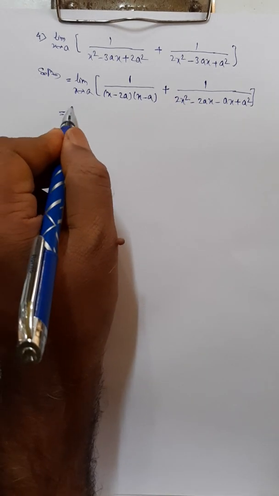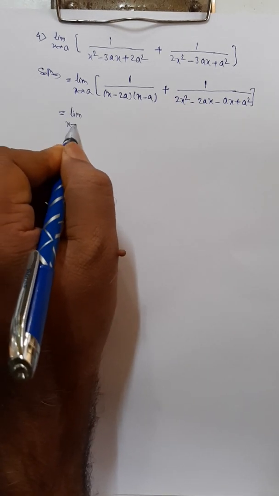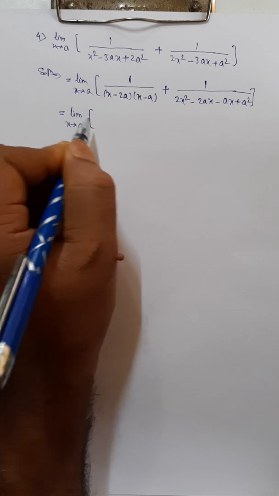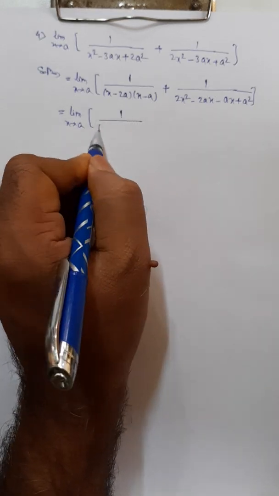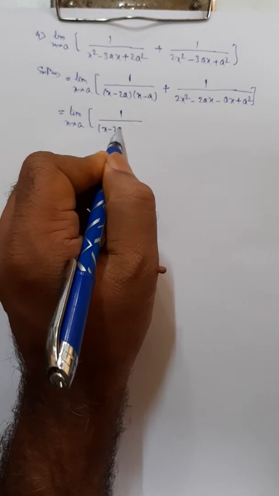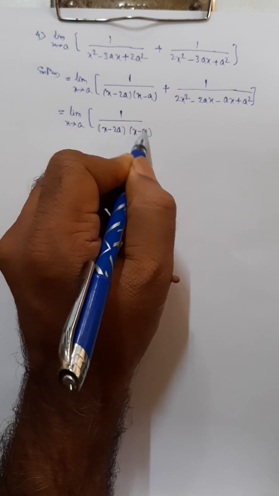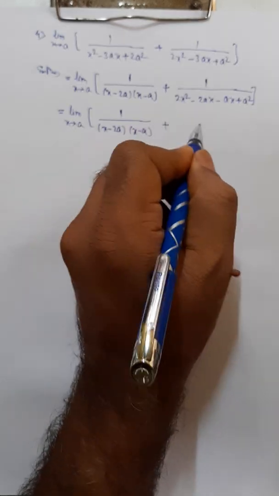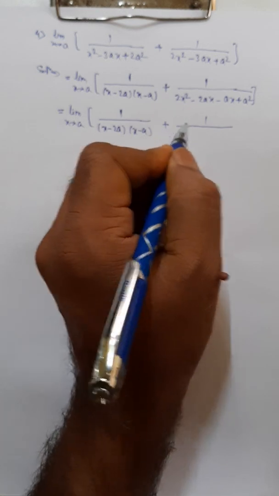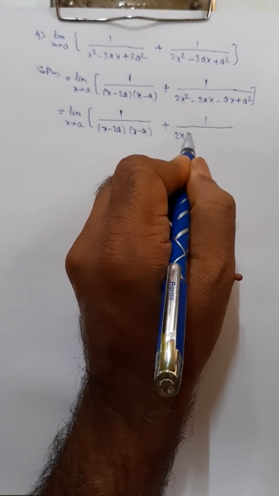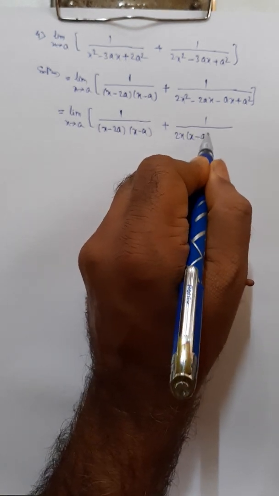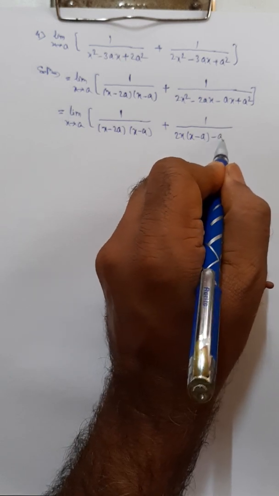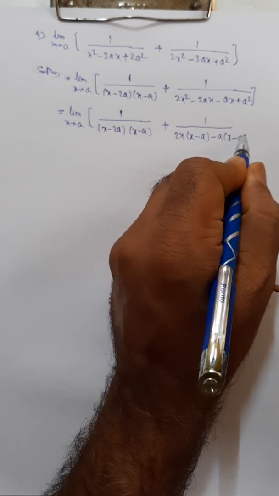So it is equal to limit as x tends to a in bracket 1 divided by x minus 2a into x minus a, plus 1 divided by, we can take 2x common here in bracket x minus a, here take common minus a in bracket x minus a.